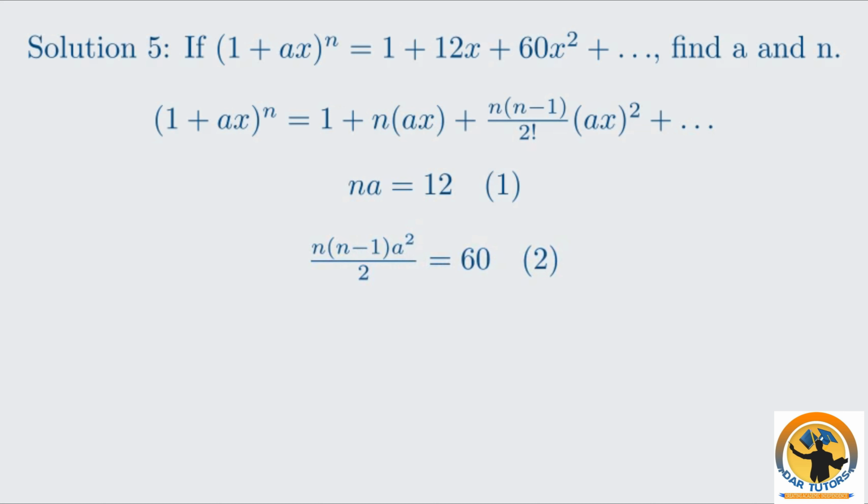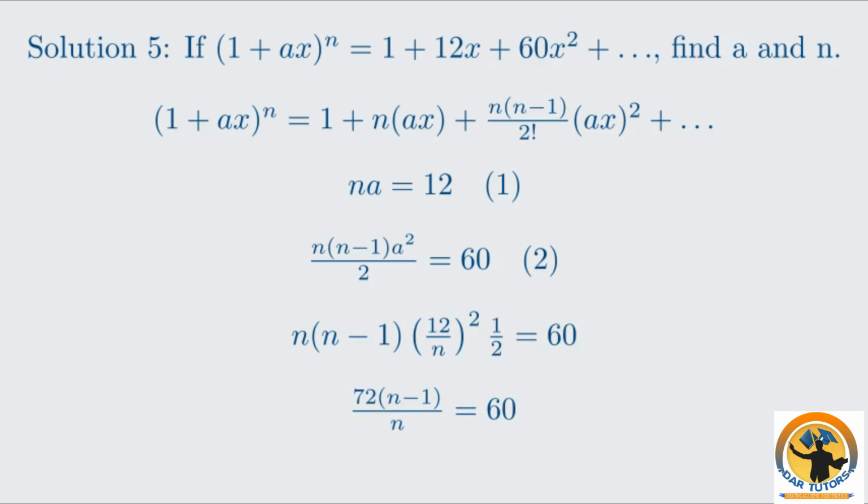From equation 1, a equals 12 over n. We substitute this into equation 2. This gives n(n minus 1) times 144 over n squared, divided by 2, equals 60. Simplifying, we get 72(n minus 1) over n equals 60.